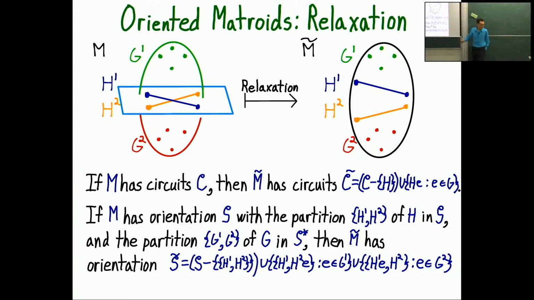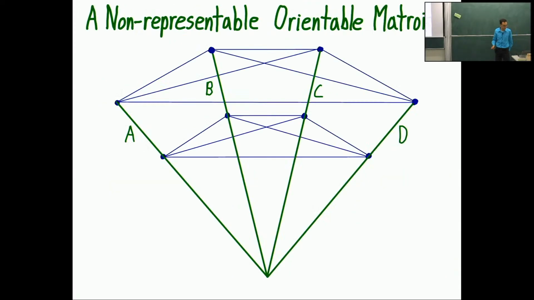This doesn't necessarily keep representation, but this is how you can think of it to figure out what the orientation should be. But I'm about to show you can use this dramatically to make things that don't have any real representation, and it's going to make this gap between oriented matroids and real representability.